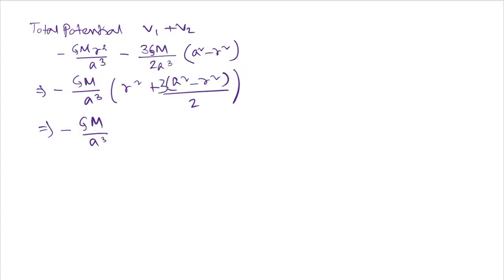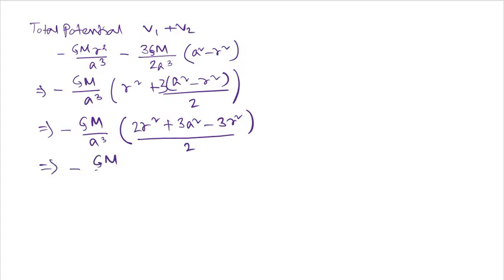This 3 will be there, correct? Because 3 is there now. So this becomes 2R square plus 3A square minus 3R square by 2. So now I can take minus Gm by 2AQ. So it will become 2R square minus 3R square, so 3A square minus R square.